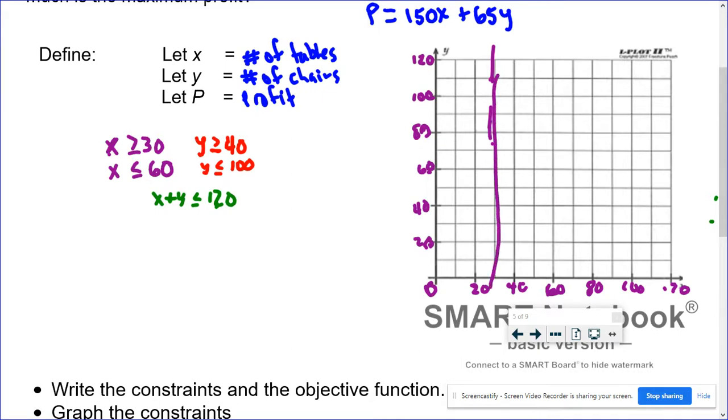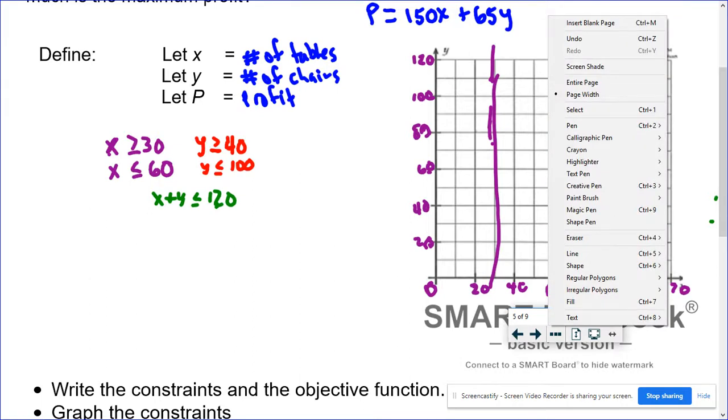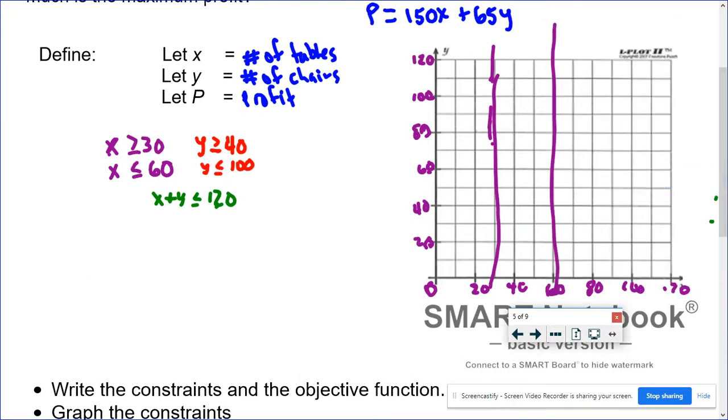If I was doing this on paper, I'd draw a vertical line through 60 as well. For Y, those are going to be horizontal lines. I'm going to change the color. A horizontal line through 40 and a line through 100. So basically, we have that rectangle.